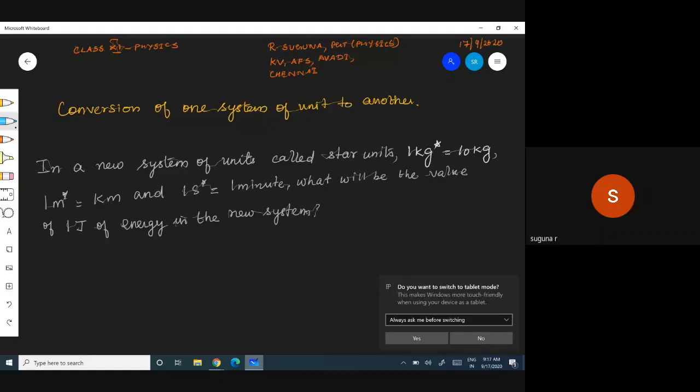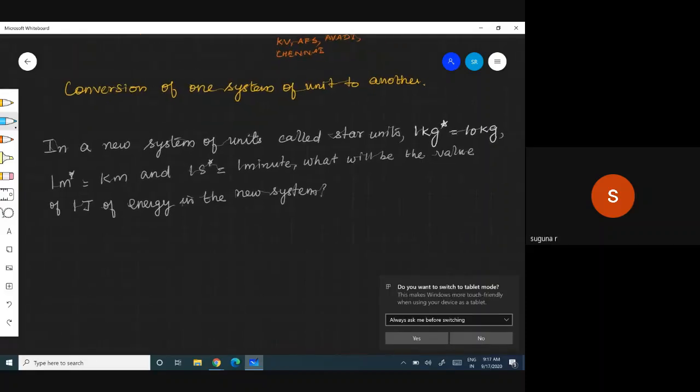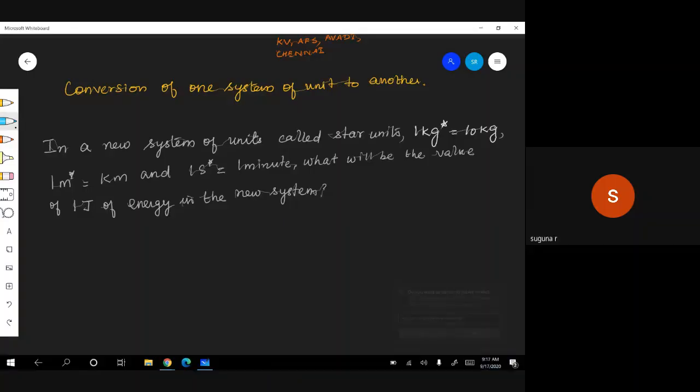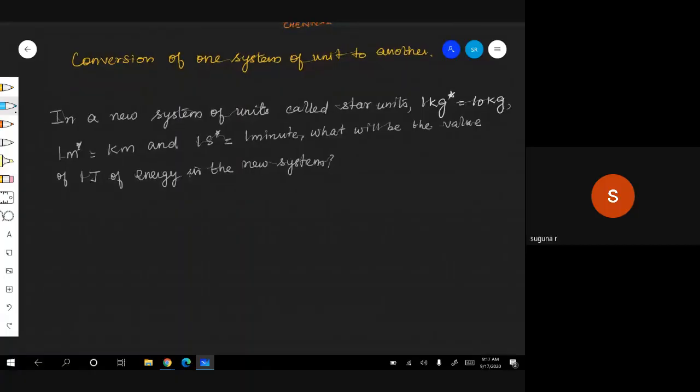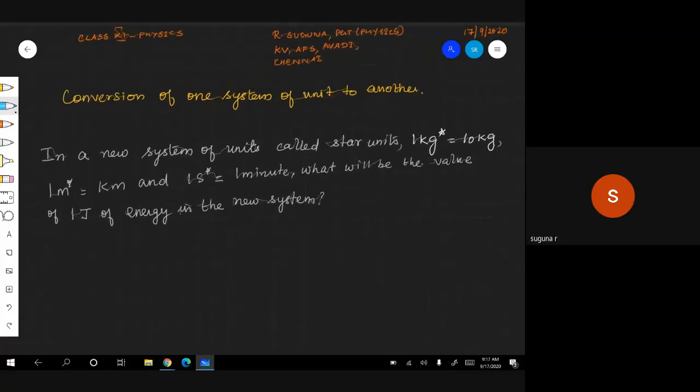Conversion of one system of unit to another. Whatever we did so far is very simple. That is how we converted 1 Newton to dyne, and joule to erg. Those were simple because you have an idea about which unit is to be converted: MKS system to CGS system.